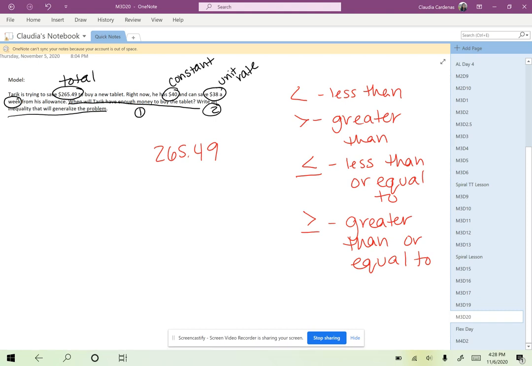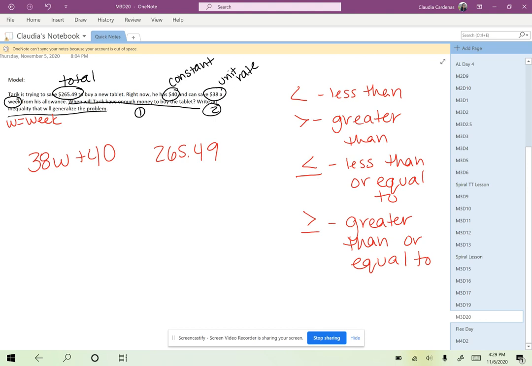So he's going to save that amount, $38 a week. Do we know how many weeks there are? No. So let's go ahead and label W equals week. So it's 38 times the week. But then we also didn't start out with $0. He already has $40 in his account. So we're going to add that together. And all of this has to be $265.49.